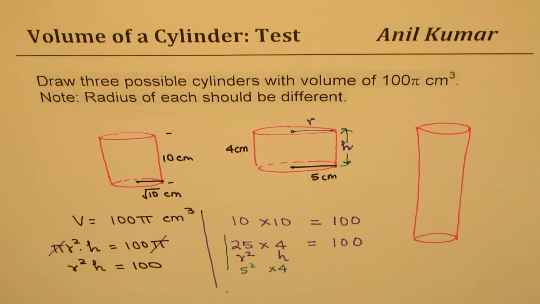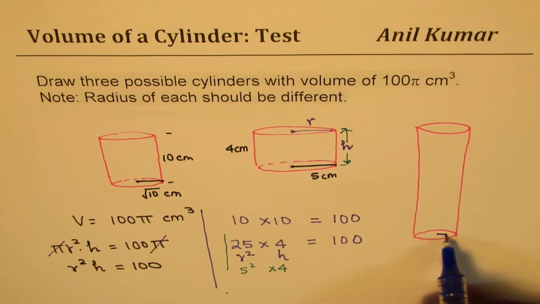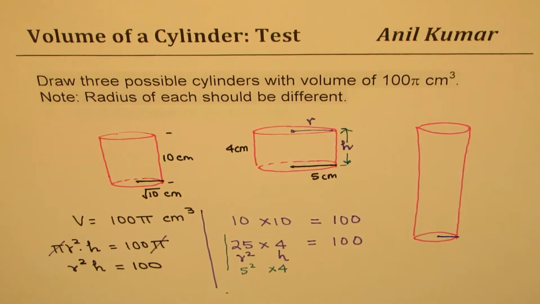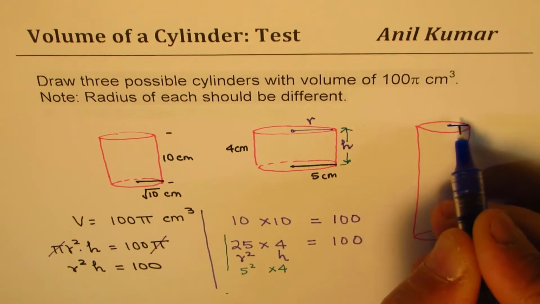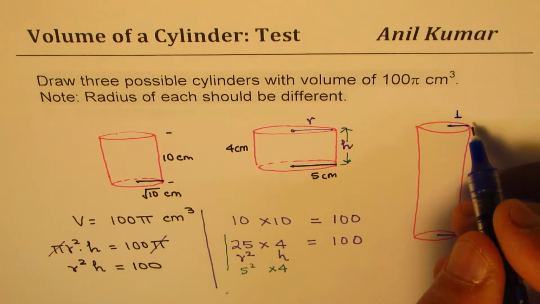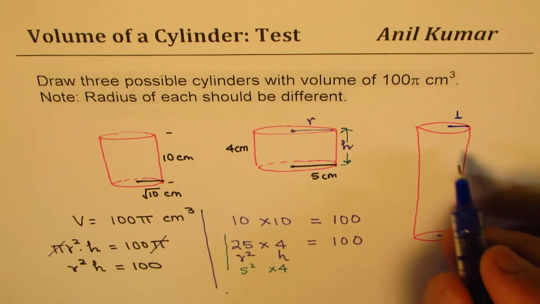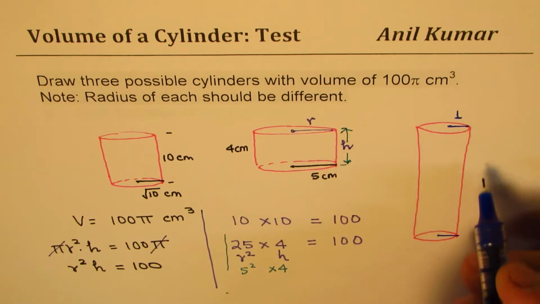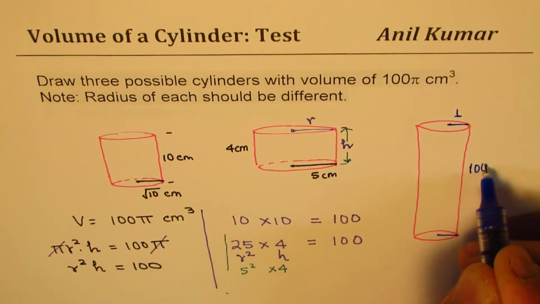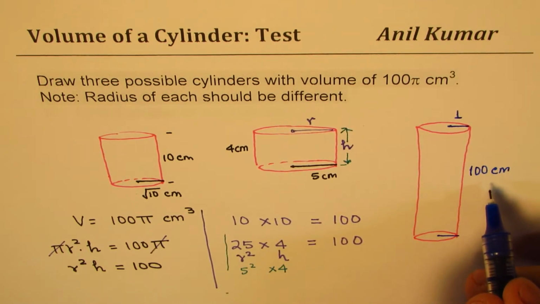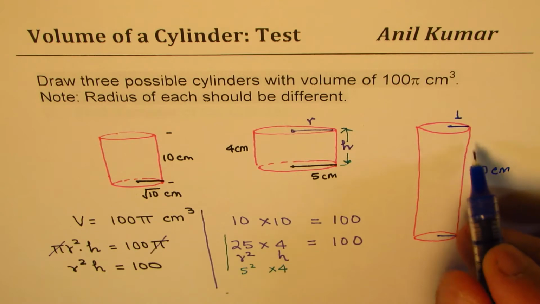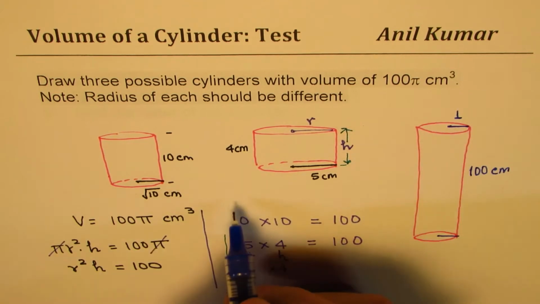So let me give you one more example. Let's say for this, we need a smaller height, right? We need a very small height. So if I keep the height as just 1, how about the radius as 1? How about the height? Height could be 100 centimeters. Perfect. That will also give me a volume of 100 pi centimeter cube.